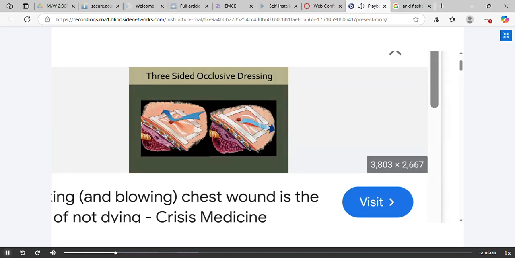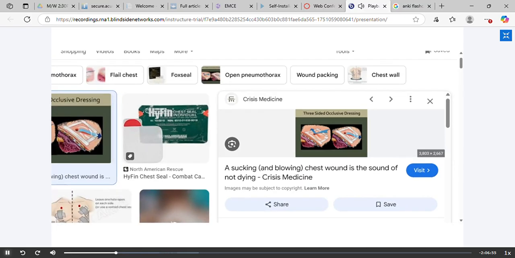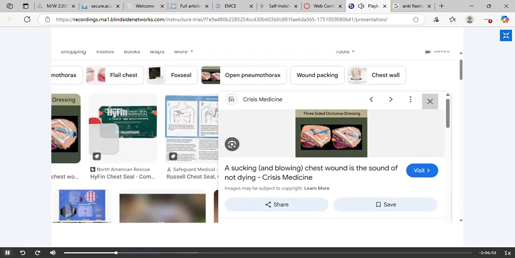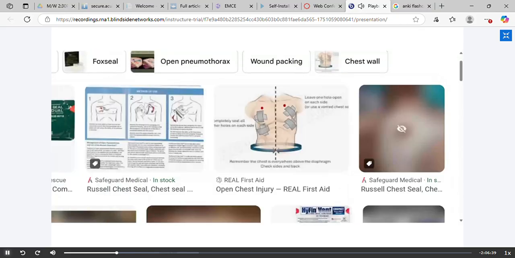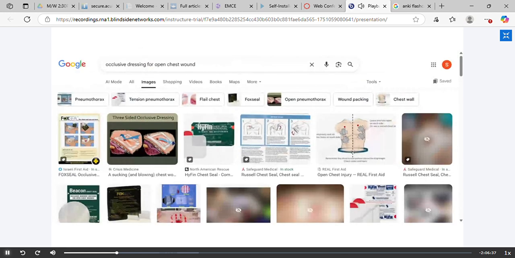Now you can have the one that you made yourself with the plastic and the tape, or you can have actual chest seals that you can purchase. It's pretty simple. It looks like it has, again, tape on 3.5 of the sides, and this is kind of open. You can have other ones, and it just really depends upon what your agency carries.